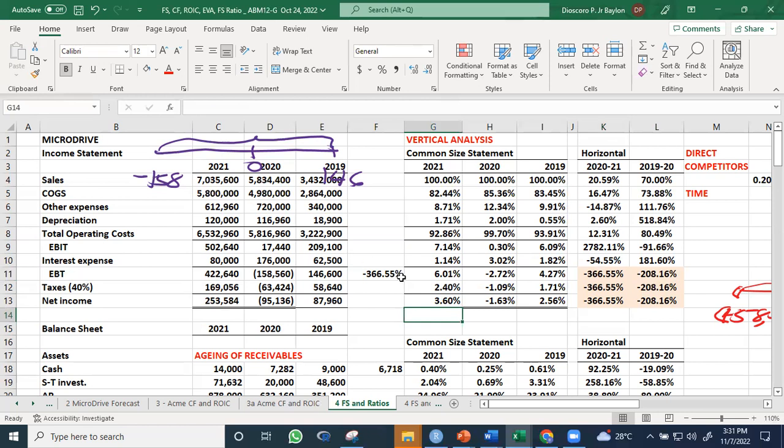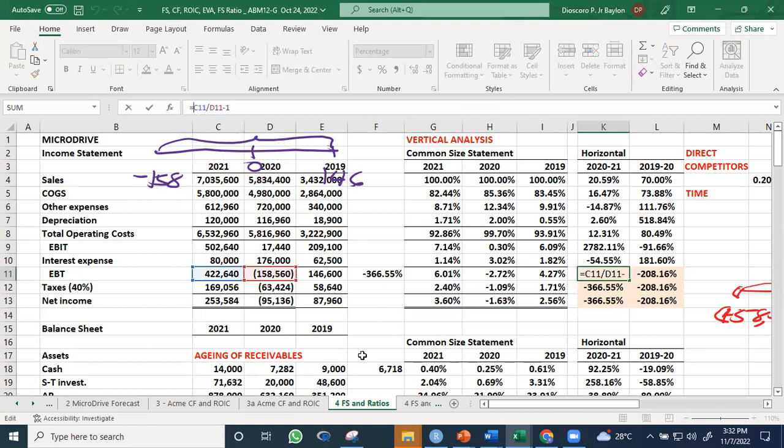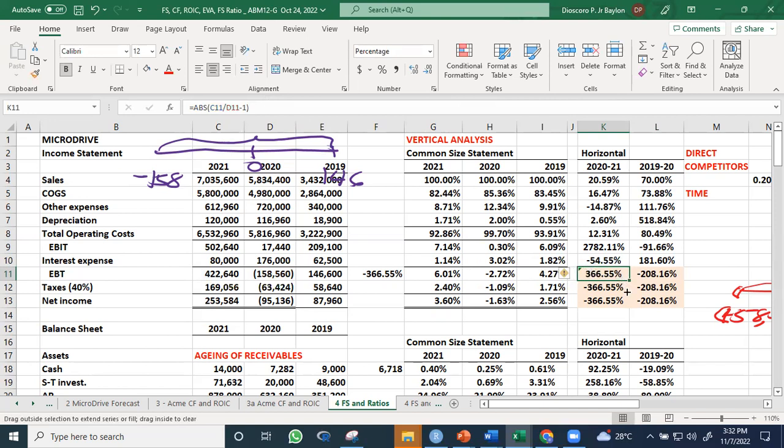Okay, clear class? Oh, what's the question? Did I answer your question? So dapat ito, sorry, we should either type abs, which means absolute figure. Yan. So absolute siya.